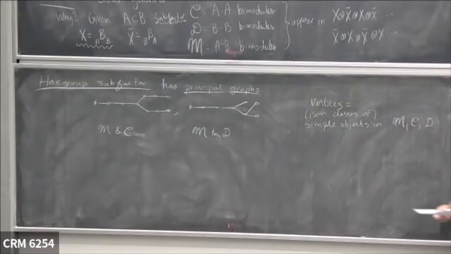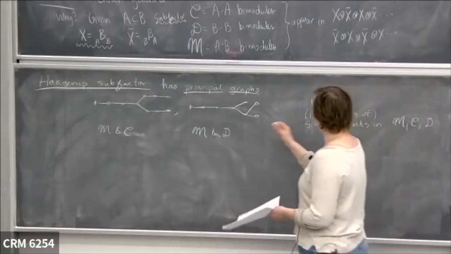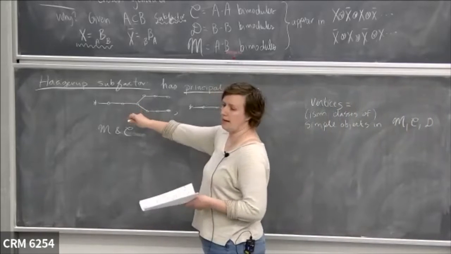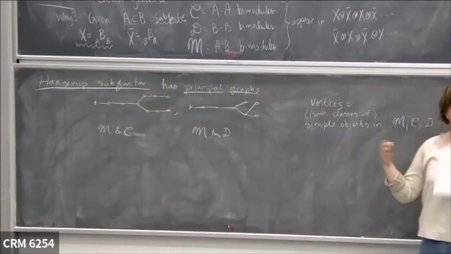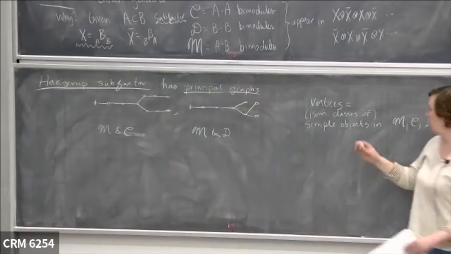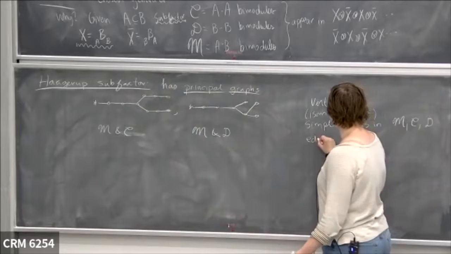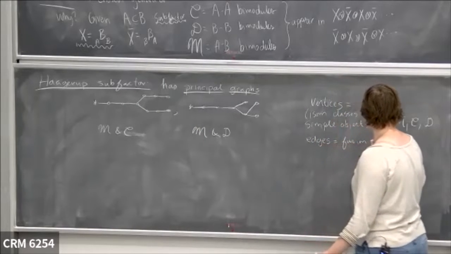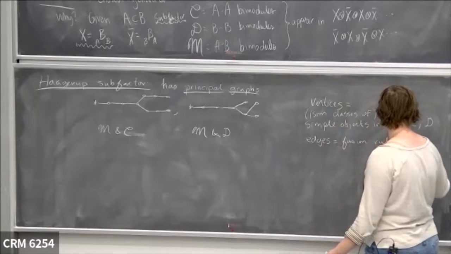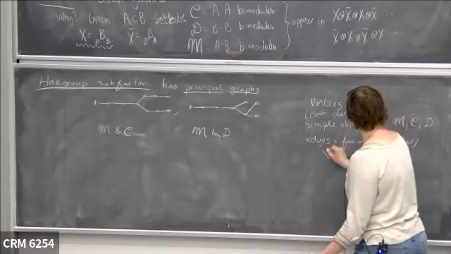Okay, and what you should think of is that each of these edges denotes how one of the simples breaks up if you tensor it with X. So the edges here are the fusion rules with X, or X bar as appropriate.